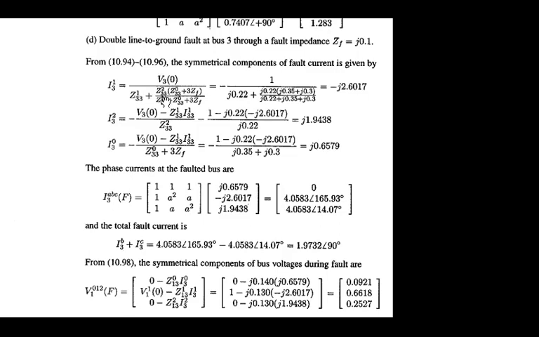That is a trick to remember this formula, and this is the explanation of the denominator part.